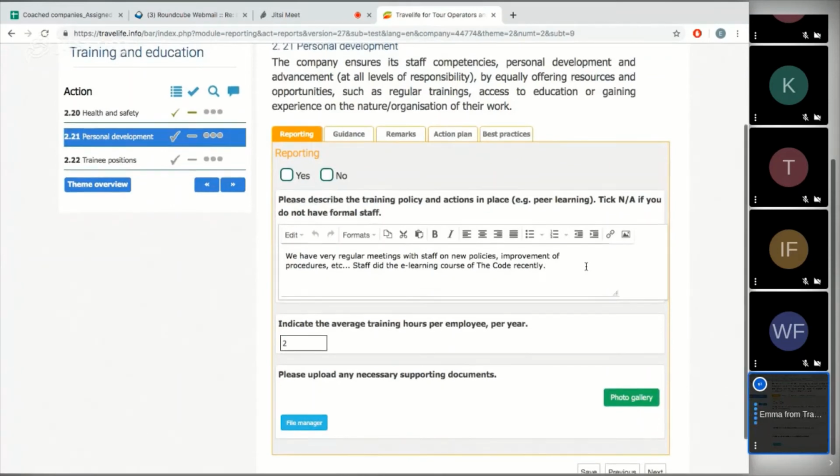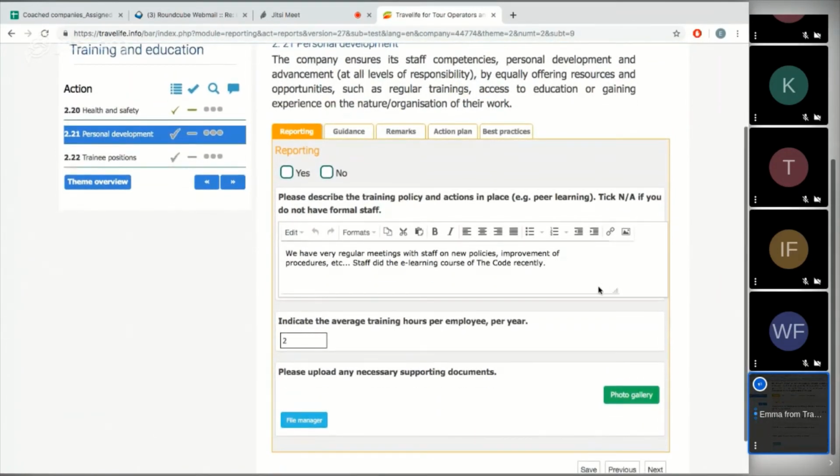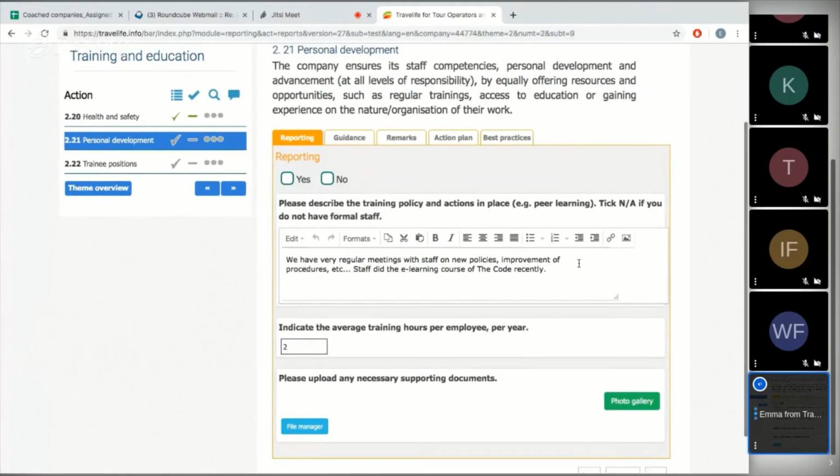If there's a specific policy about personal development for your employees, of course you can upload that. And otherwise, you can describe if you have such a training policy in place or peer learning, and indicate on average the training hours per employee per year.